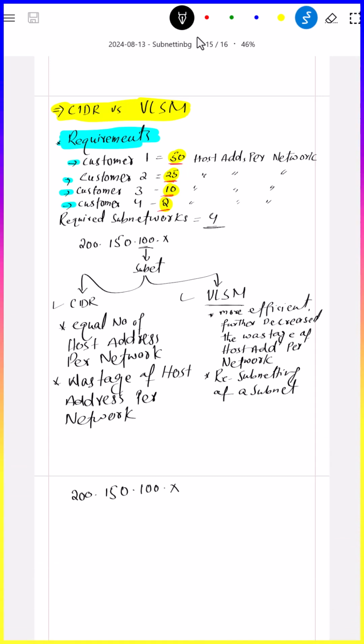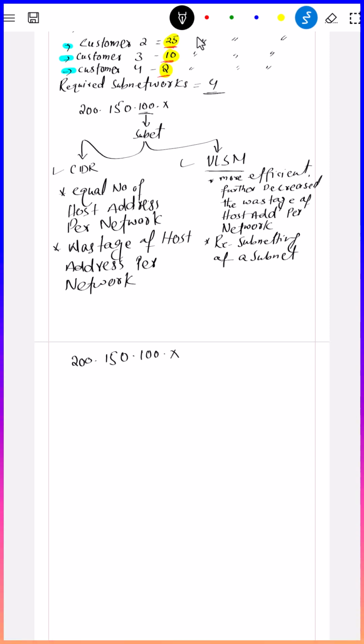Remember, minimum 50. Here you have to consider the maximum one, which network has the maximum number of hosts; that should be the minimum number of host addresses. So the CIDR value should be 26.